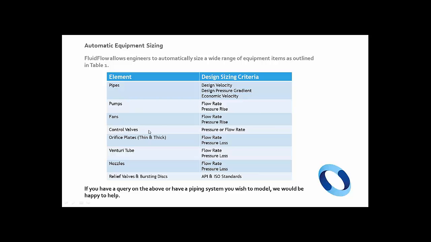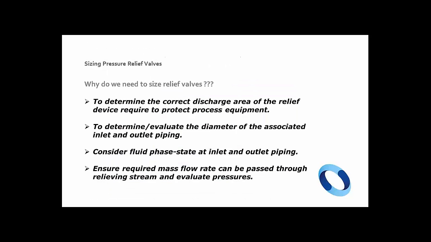You can size your control valves, so the software will calculate the CV based on a design pressure or flow rate for the system. You can size your orifice plates based on a design flow rate or pressure loss. And the same applies to your venturi tube and your nozzles. And finally, at the end, your relief valves and bursting discs can be sized to API and ISO standards, and you can automatically size these devices for liquids, gas, steam, and two-phase systems. Okay, so that's just a little brief overview of the automatic sizing.